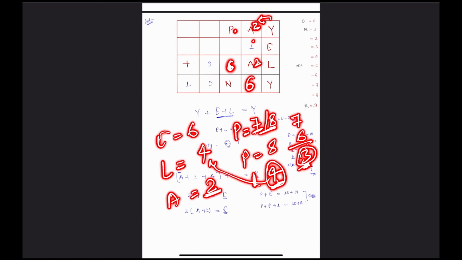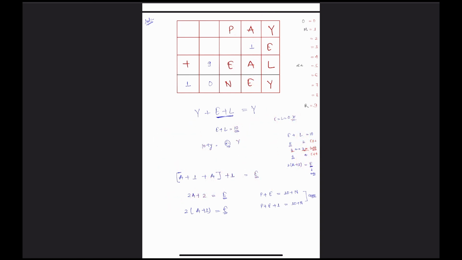That is a possibility, that my N could be 3. If I take E equal to 8, L will be 2, then my A equals 4 minus 1, 3.